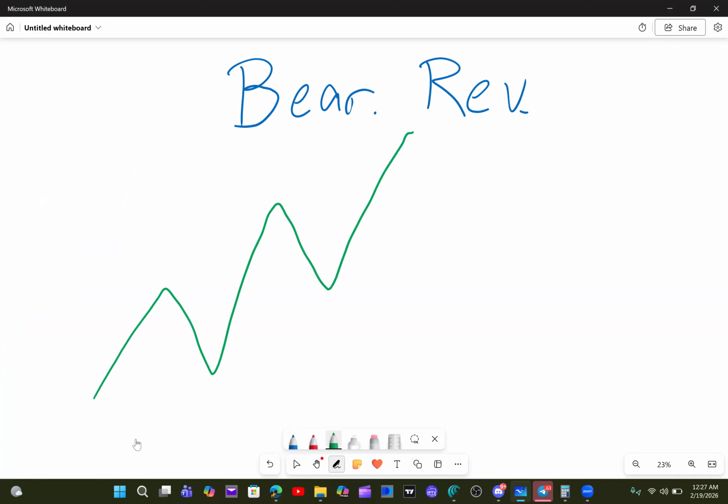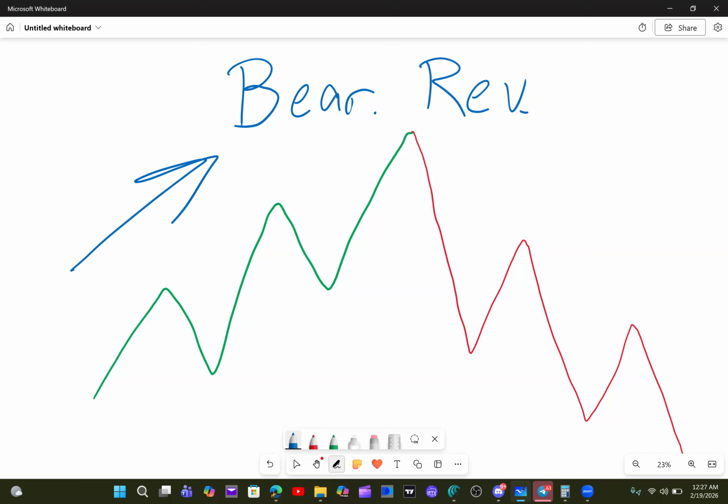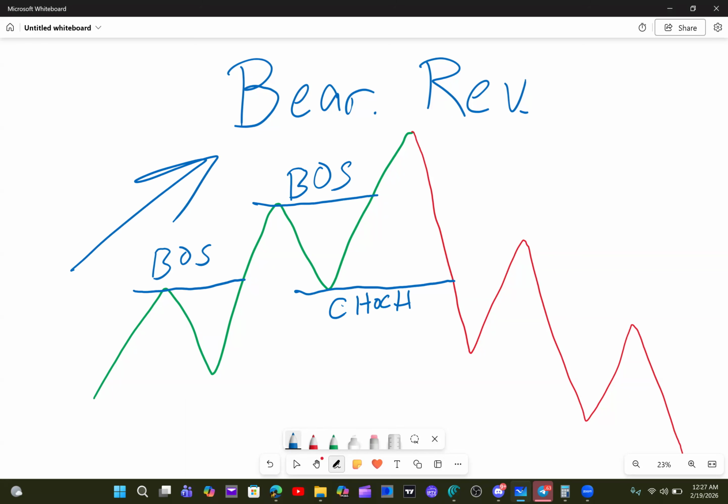Notice on the bull side, you're going to go from breaking highs. You get a break of structure here, a break of structure here. Then all of a sudden, you're going to get a break of structure down here, which is called a change of character. Same thing.